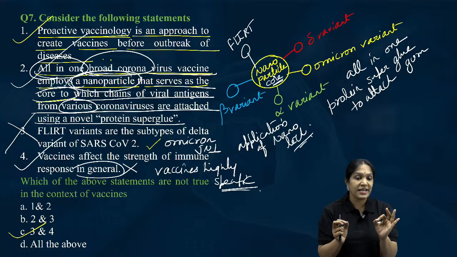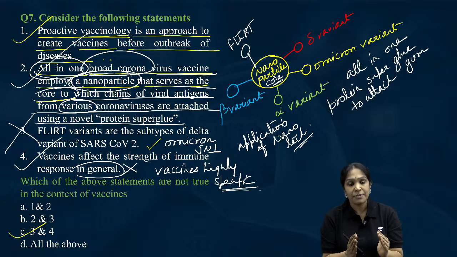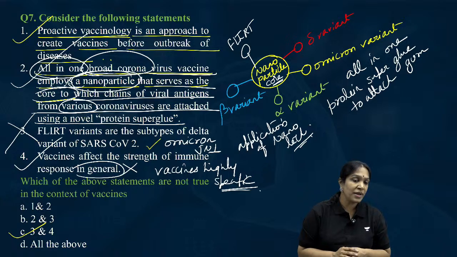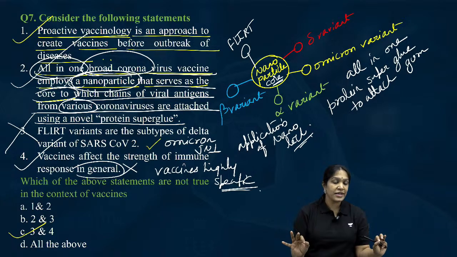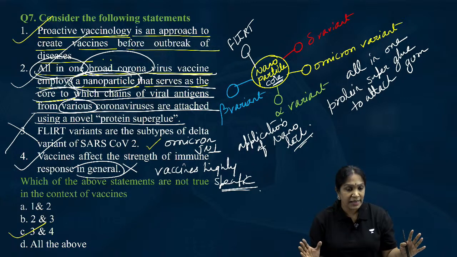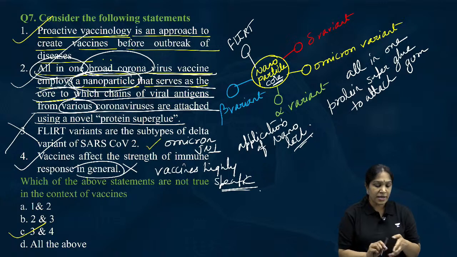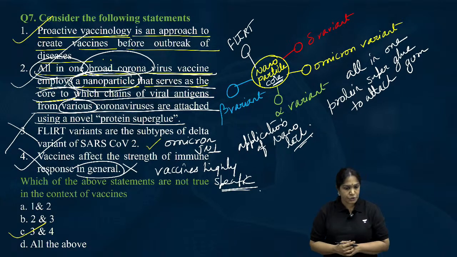For example, if you take a coronavirus vaccine, it will affect immunity only to coronavirus. You will not get coronavirus, but you may get any other infection. Is it clear? So it will not influence the general immune response either in a good way or a bad way. So this statement is also wrong. So 3 and 4 are not true.